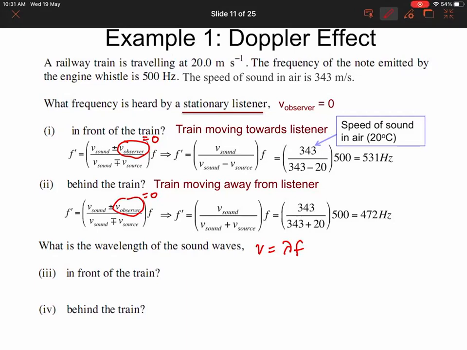You've calculated the new frequencies f. So you need to rearrange this equation to isolate lambda, which gives you the speed divided by the frequency. Same procedure for both, just different frequencies in front and behind the trains.